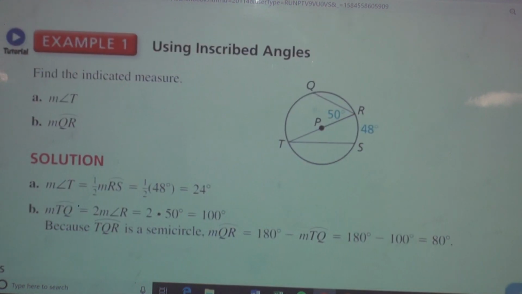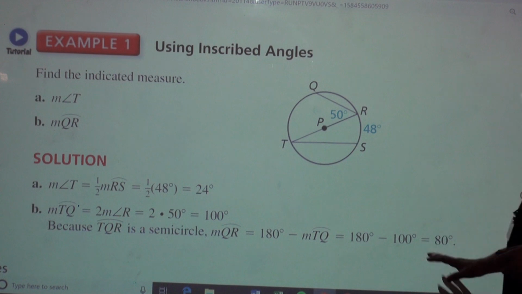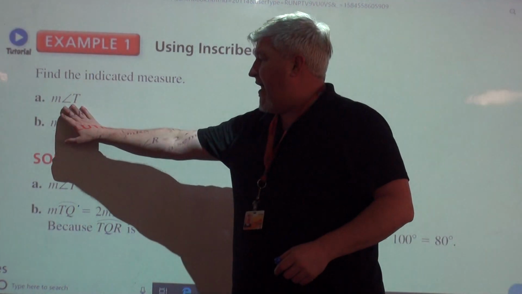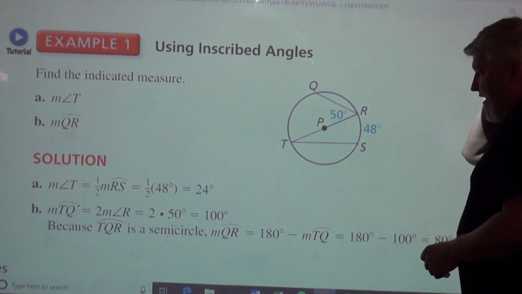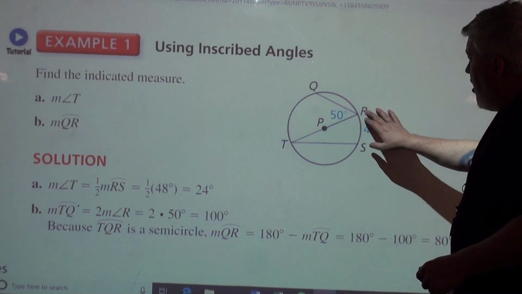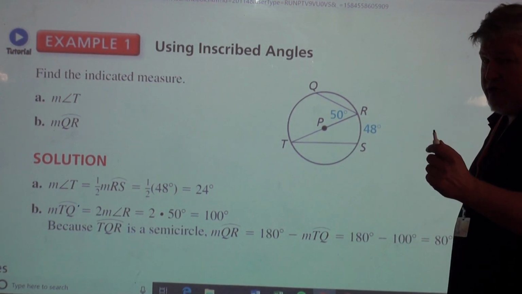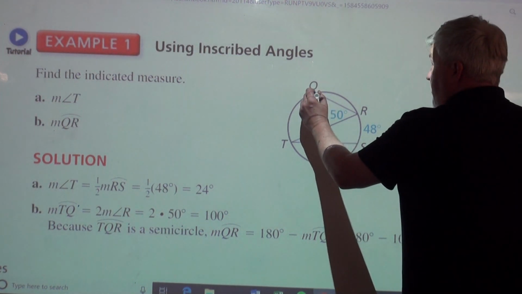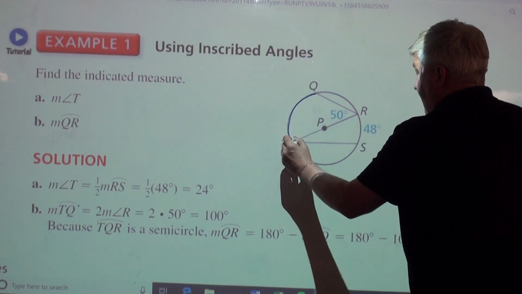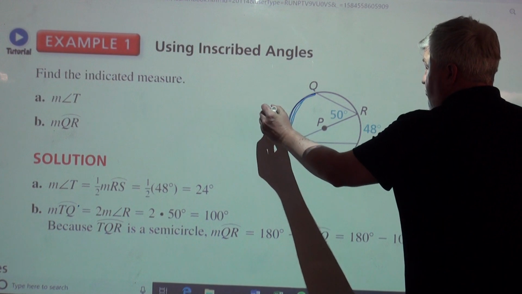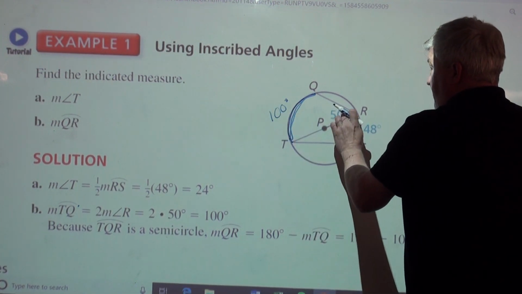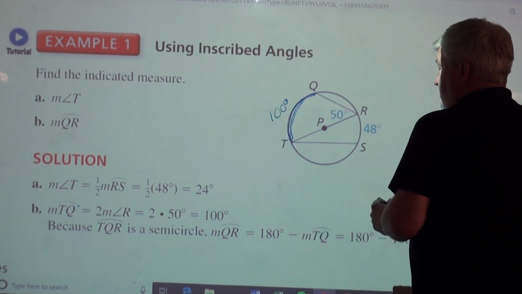Example 1, find the indicated measure, the measure of angle T. So let's see what we've got here. We see angle R is 50. Okay? Based on that theorem we just realized, the intercepted arc of QT then is 100 degrees, because this is 1/2 of the arc.